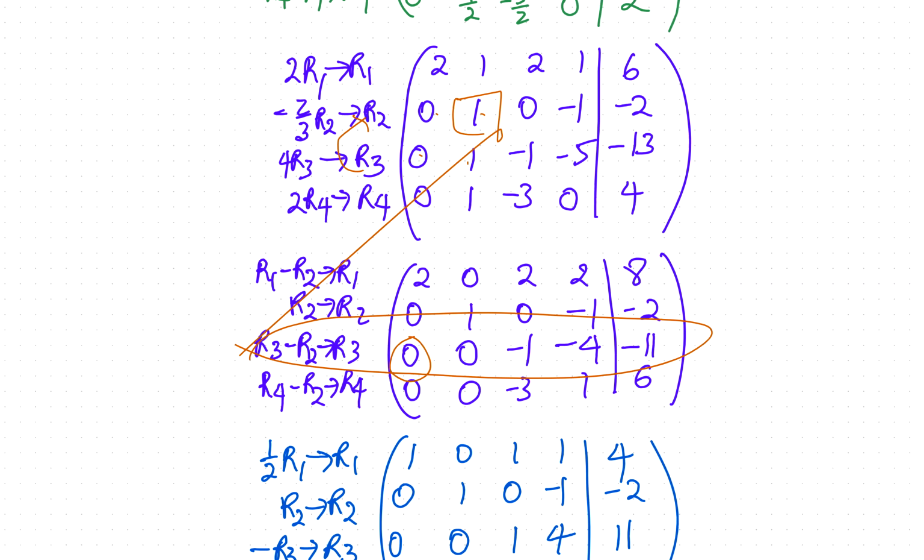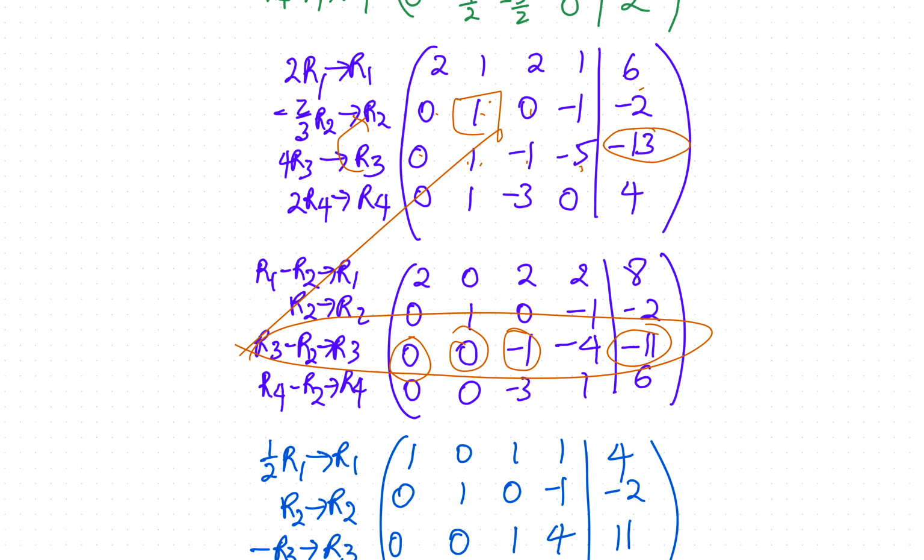Minus 1 minus 0, minus 1. Minus 5 minus minus 1, that's plus 1, that's minus 4. That's why you have this. Then minus 13 minus minus 2, that's minus 13 plus 2. You are owing 13, you pay 2, you are still owing 11. That's why you have minus 11.